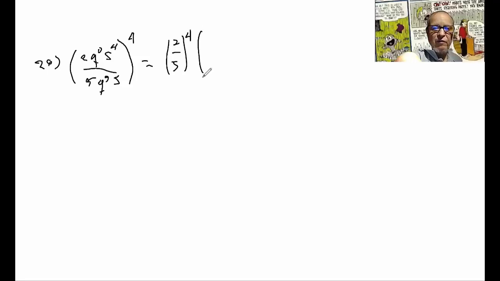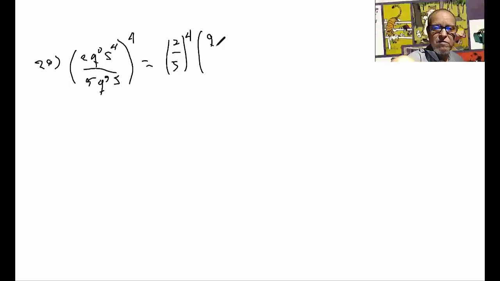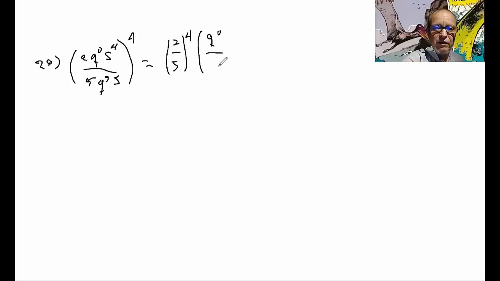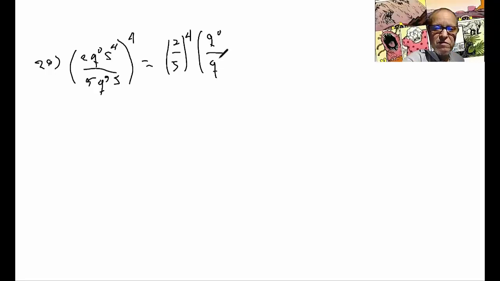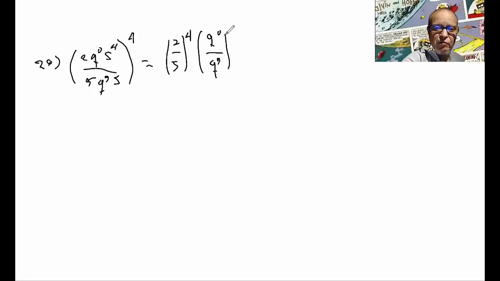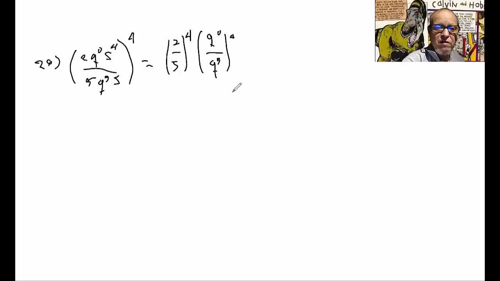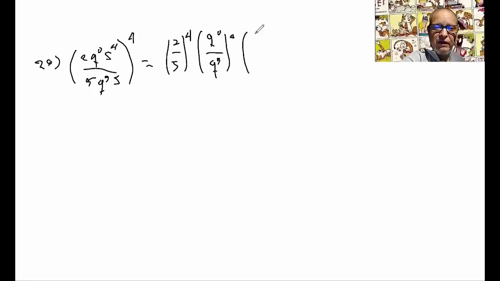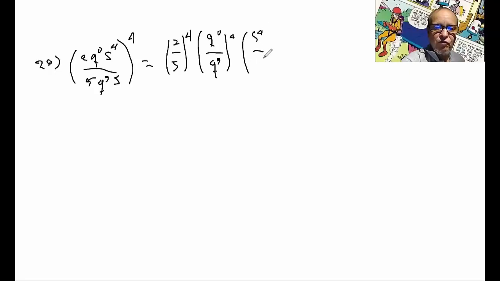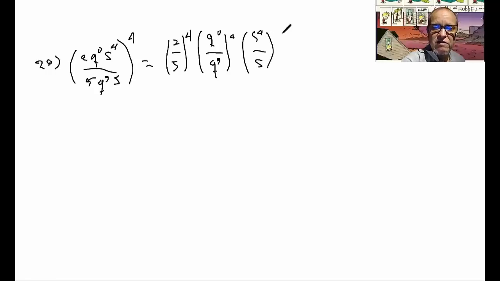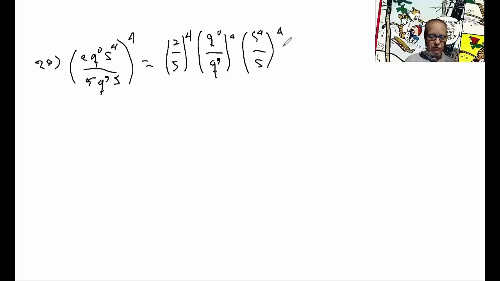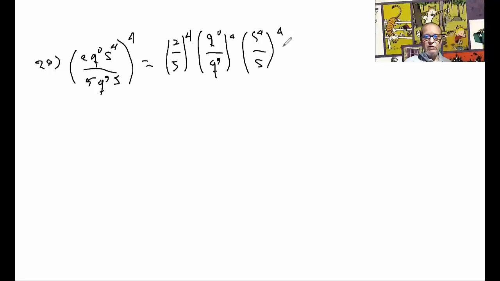And then I have my q to the 0 and my q to the 9th, and I'll put that to the 4th power. And then I'll put my s to the 4th and s, and I'll put that to the 4th power. So I'll work out each one again separately.